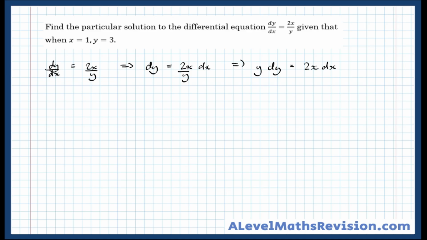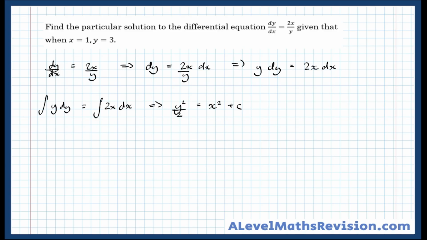And now we're ready to integrate. So the integral of y dy equals the integral of 2x dx, which means that y squared over 2 equals 2x squared over 2 plus c. Now this is the point at which I'd find the constant as soon as it appears. So we're given when x equals 1, y equals 3.